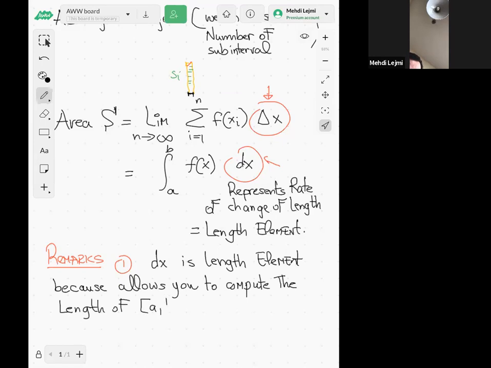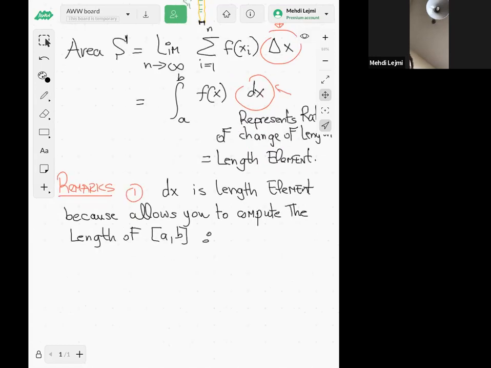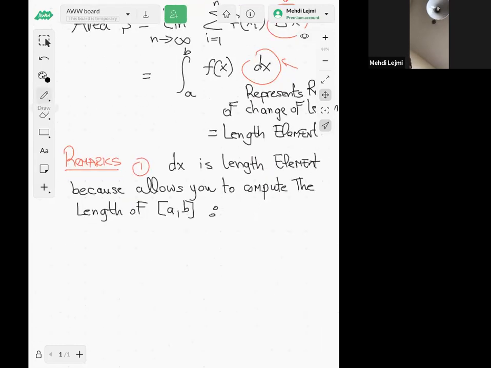Right, because if you do just the integral of, let's say, 1 dx over the interval AB, the integral of 1 is just x, so that would be x from A to B, which is B minus A. That's exactly the length of our interval.